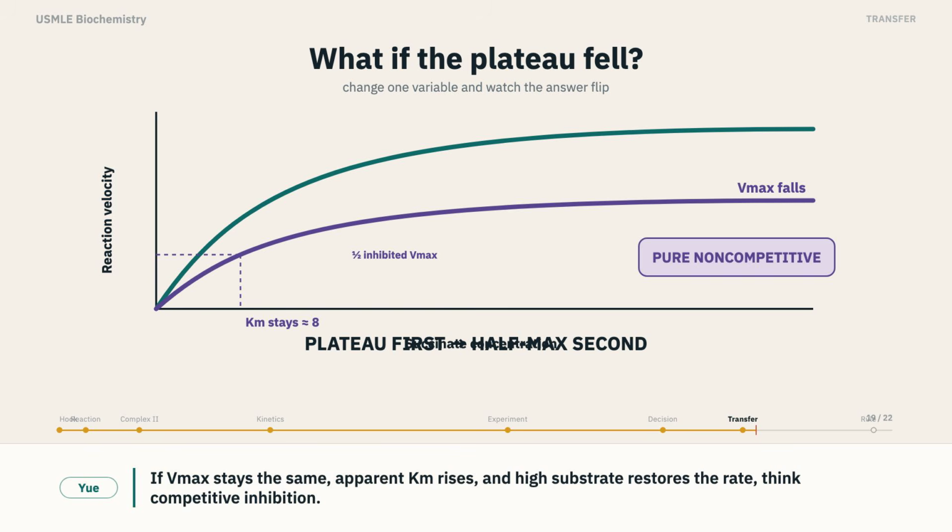If Vmax stays the same, apparent Km rises, and high substrate restores the rate, think competitive inhibition. Correct. If a future question shows progressively stronger inhibition with pre-incubation, failure to recover after washout, or a detected covalent adduct, then irreversible or covalent inhibition becomes supportable.